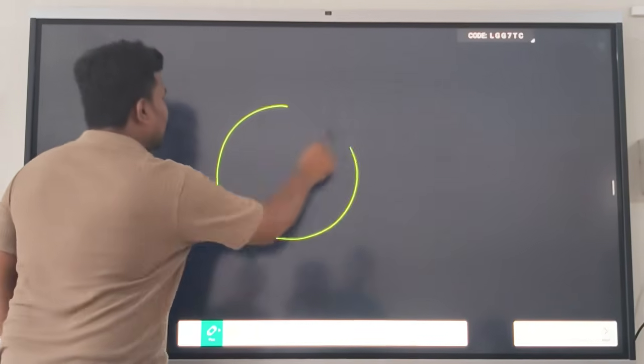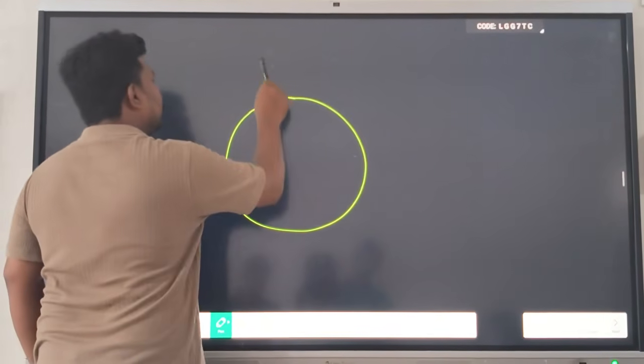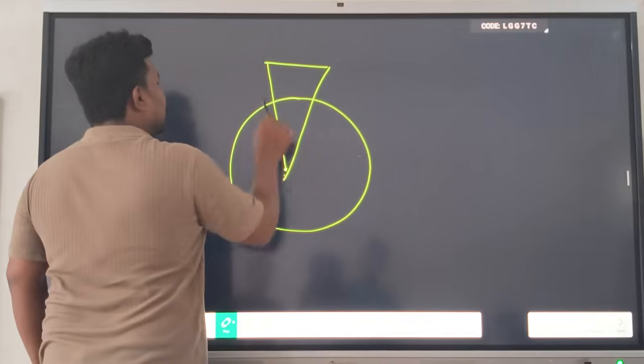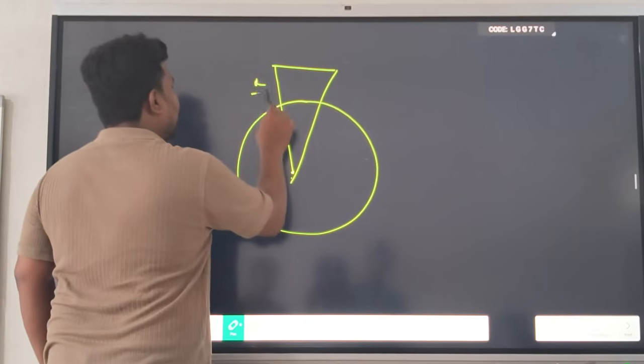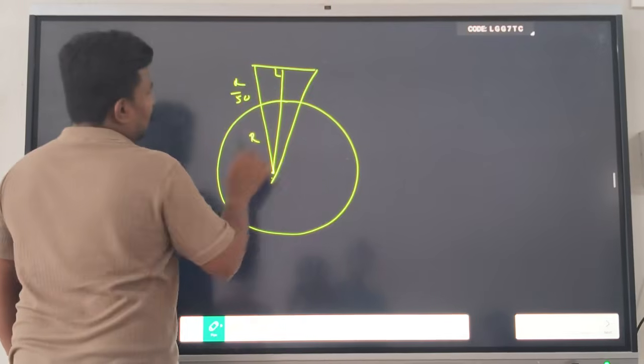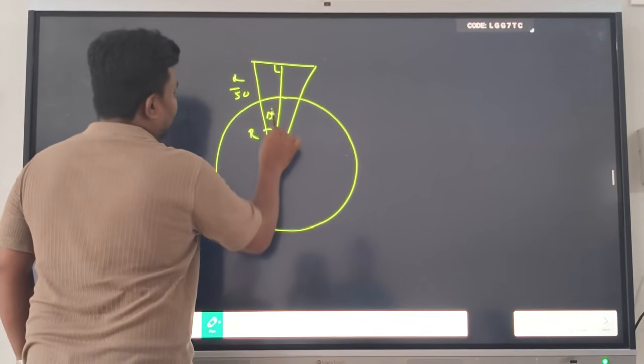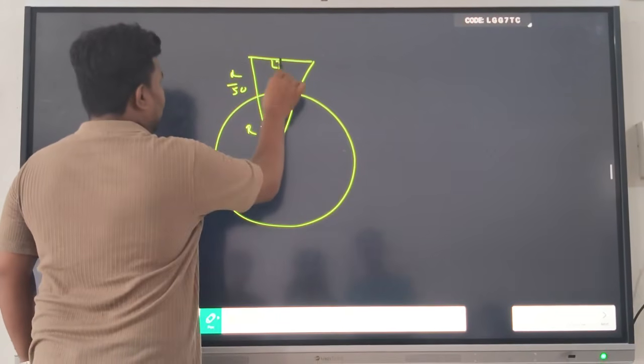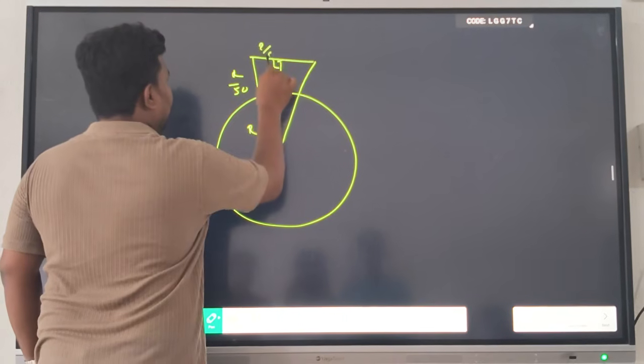So here we have, this is capital R, this is R by 50, correct? So I will draw a perpendicular here. So this angle becomes delta phi by 2 and this will be R by 50, correct?